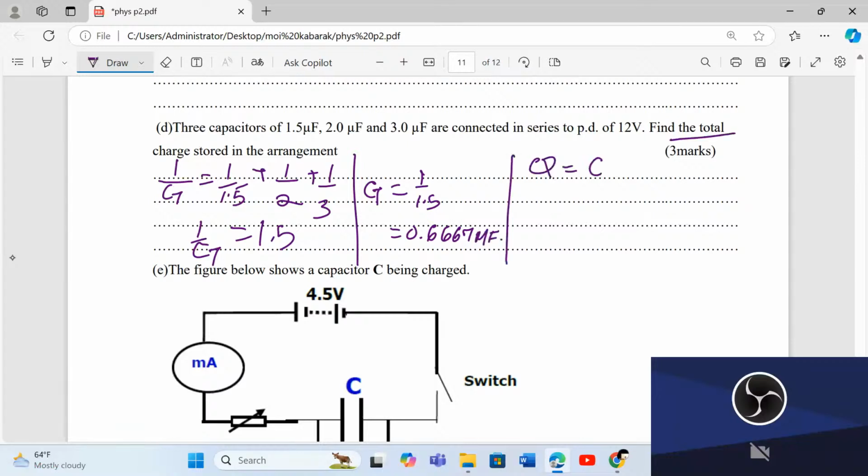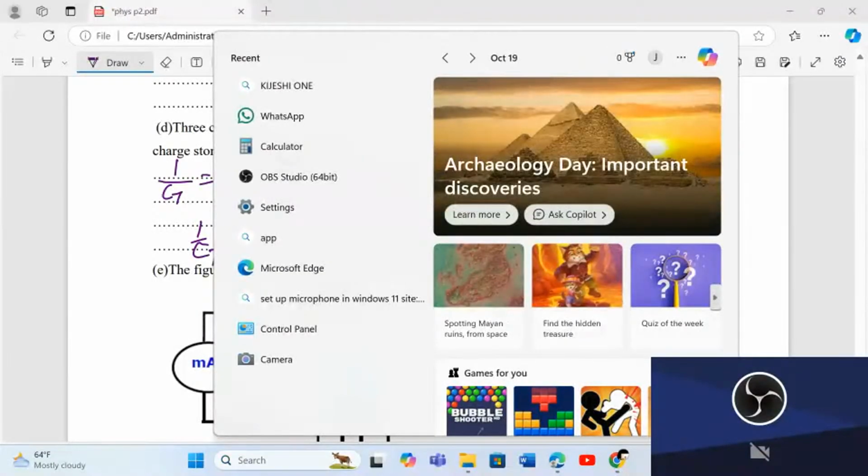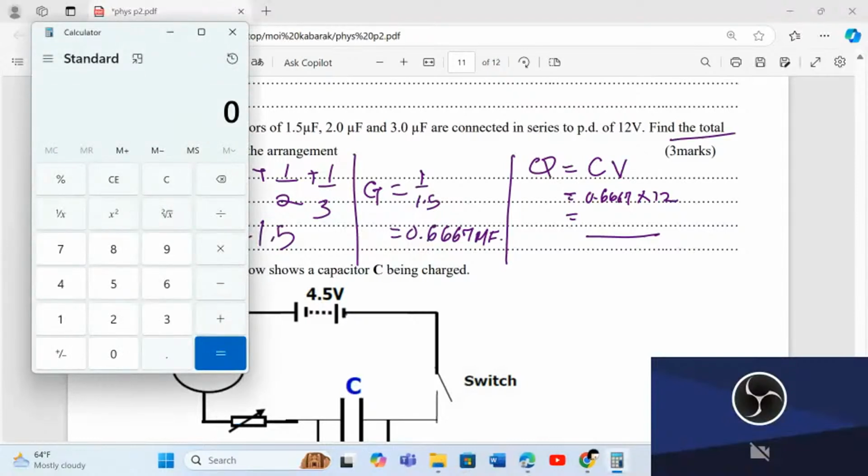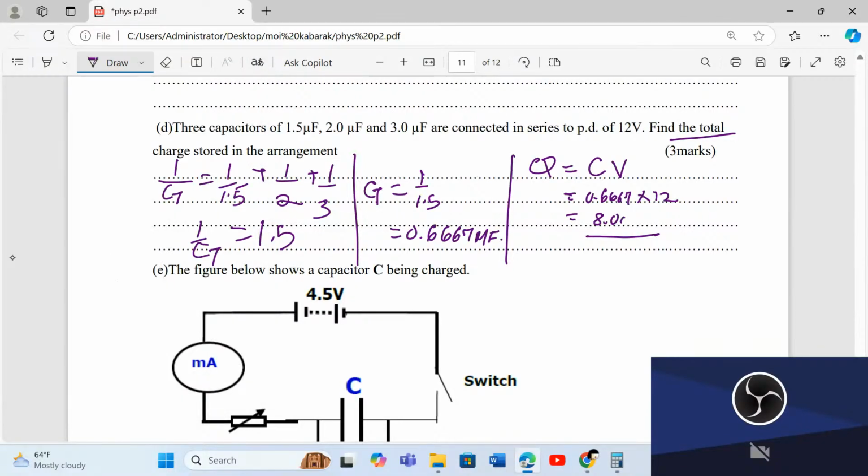Then you are asked to find the total charge. Charge is given by capacitance times what? Voltage. Therefore, this will be 0.6667 times 12, and you get your answer as 8.000 microcoulombs.